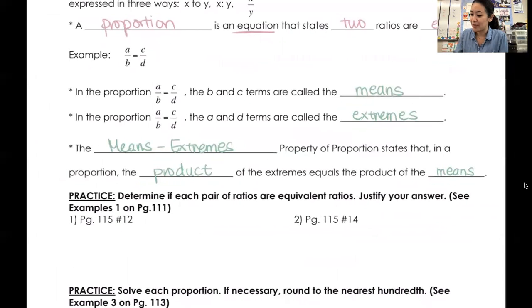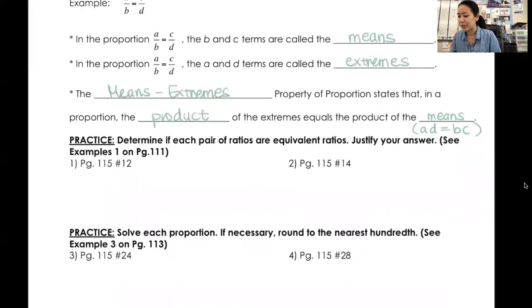So when you have a proportion like this, the product of the extremes will be equal to the product of the means. So A times D is equal to B times C. All right, and that's what the means extremes property tells us.